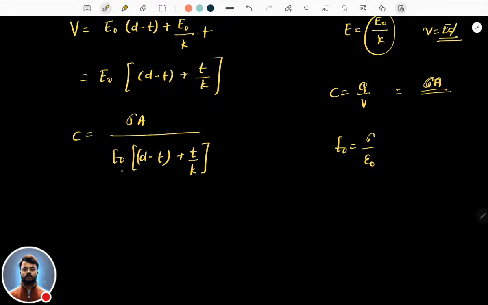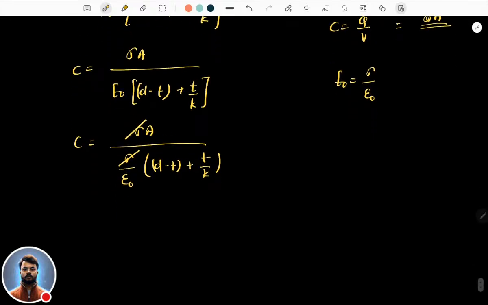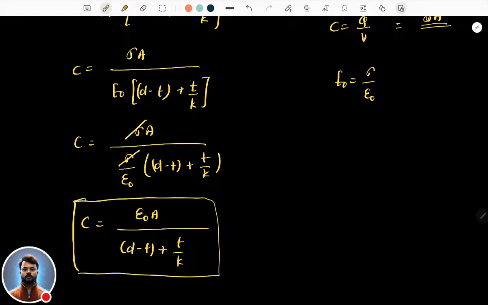Replacing E naught, C is equal to sigma A over sigma over epsilon naught into D minus T plus T over K. Now sigma cancels with the sigma in the numerator. So C is equal to epsilon naught A over D minus T plus T upon K. This is the net capacitance when the dielectric slab is placed between the plates of the capacitor.